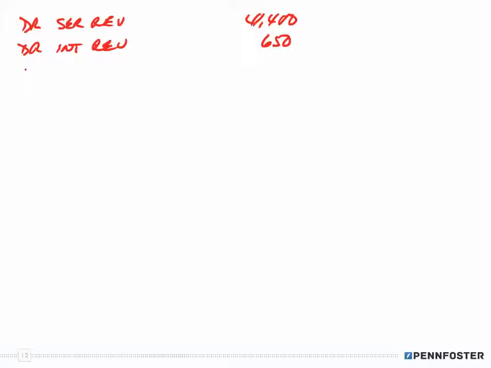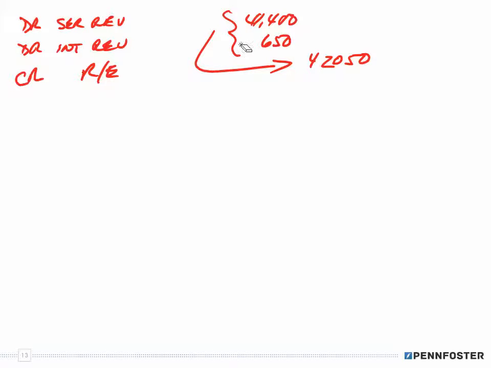Since debits have to equal credits and we're closing them out to retained earnings, I'm going to credit my retained earnings account for the total of those two amounts: 41,400 plus 650 is $42,050. So that just closed out my revenue accounts.